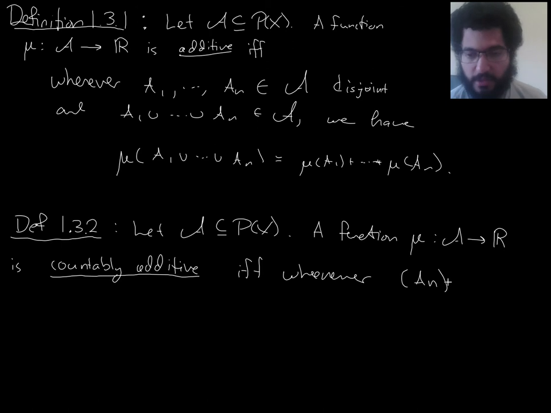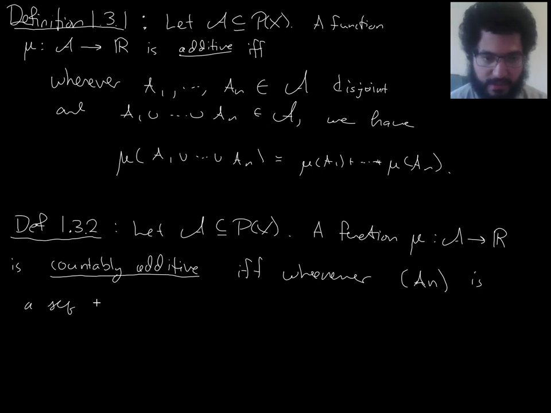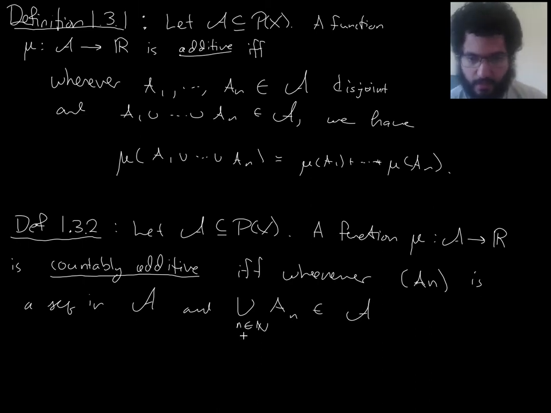Whenever you have a countable collection of special sets, pairwise disjoint, with their union being special, so I need to say something analogous to this line. So whenever this is a sequence in the collection of special sets, and their union is a special set, which it might not be if this is not a sigma algebra, right?